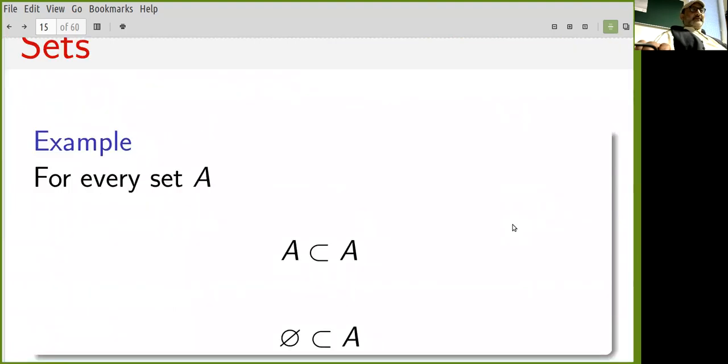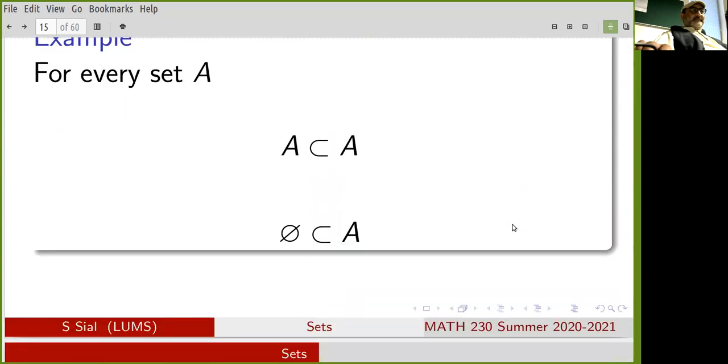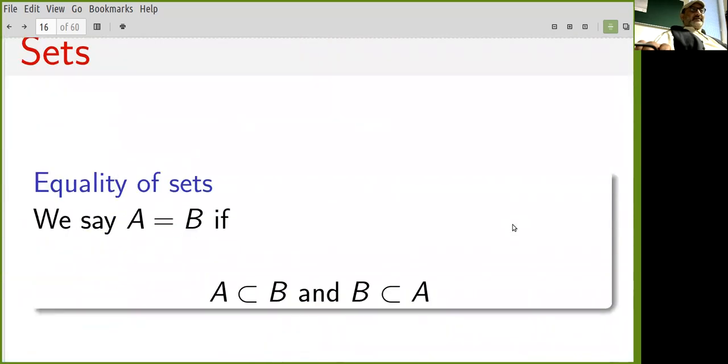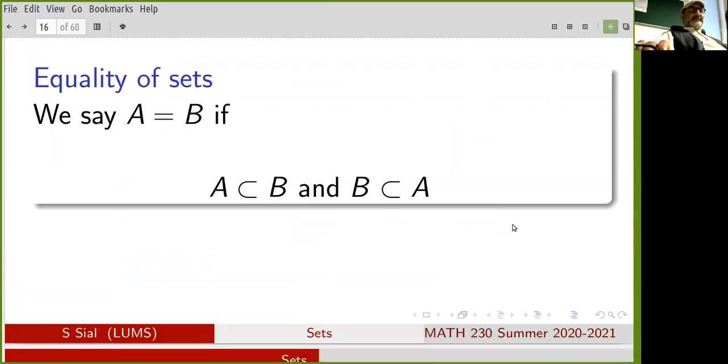A is a subset of A because every element of A is in A, trivially. And we take as an axiom that the null set or the empty set is a subset of every set that you can imagine. Okay. Equality of sets: we say that the set A is equal to the set B if A is a subset of B and if B is a subset of A.